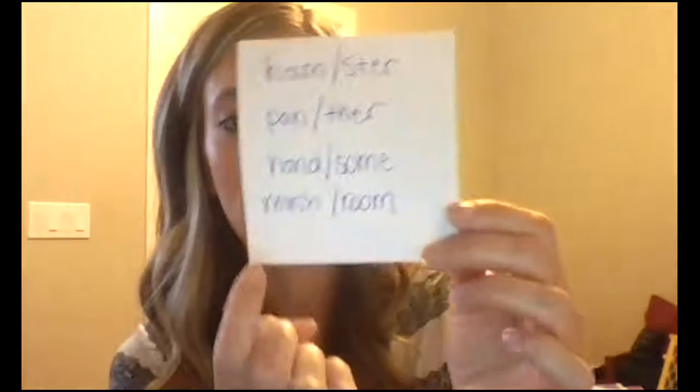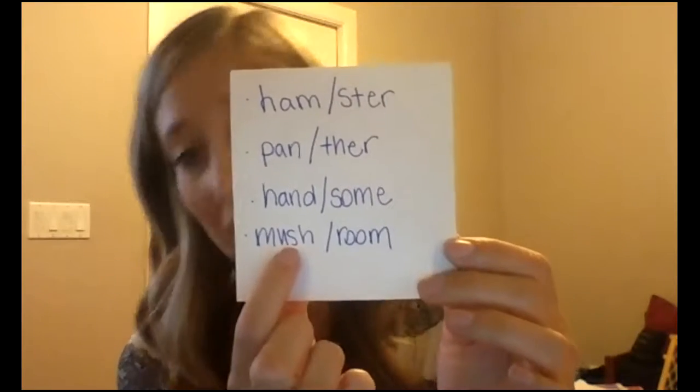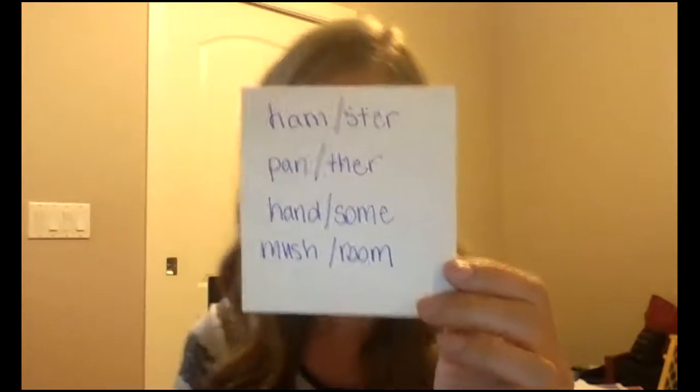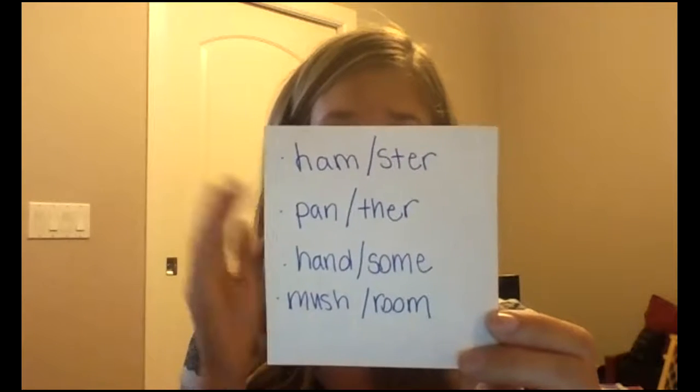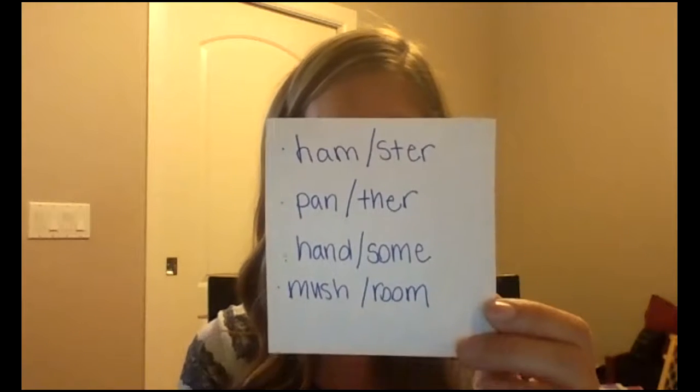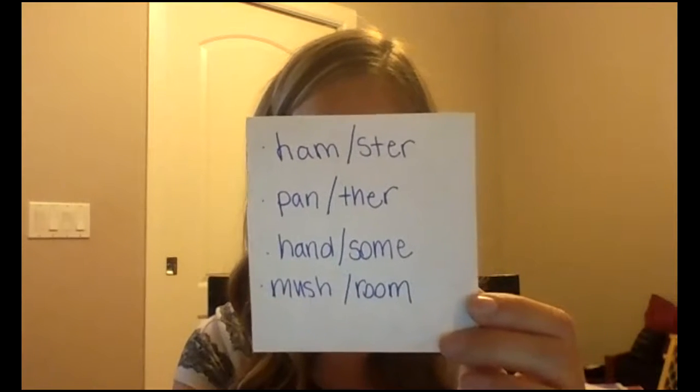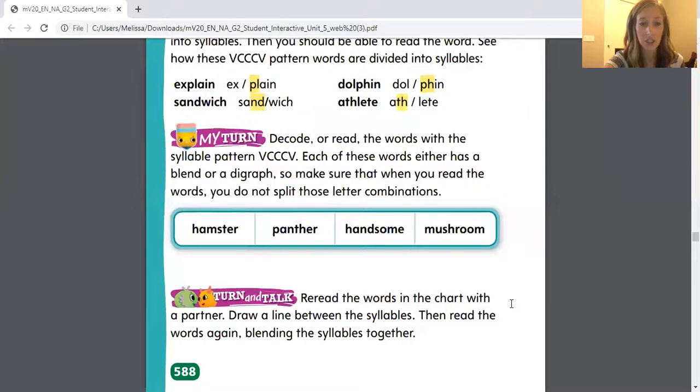And then I have mushroom with my SH at the end of the first syllable. So if you haven't yet, go ahead and pause the video so you can correctly separate these syllables. Okay, and then I'm going to go back to sharing my screen so we can get back to work. So that's all you needed to do on this page.